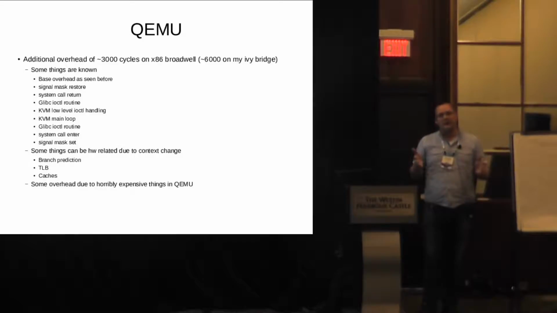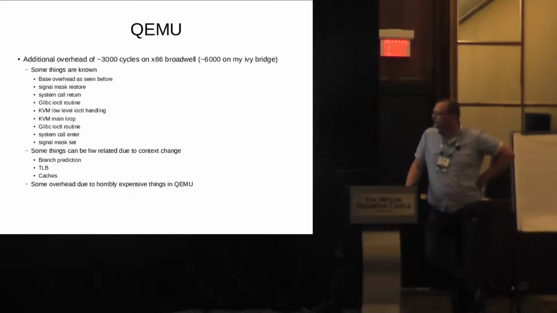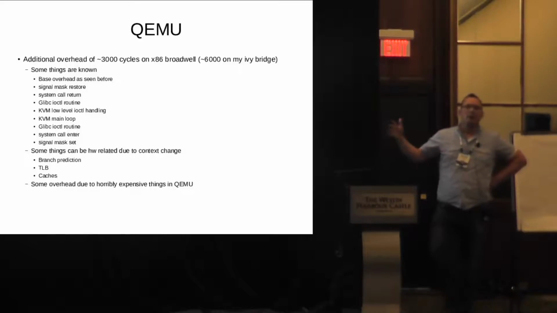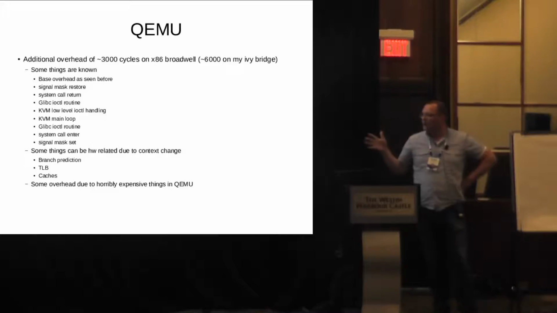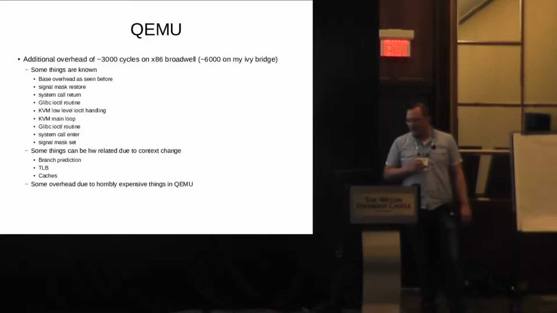Then you do the exit handling, go back to glibc, enter the system call, and be back in the guest. And of course, we have even one more context switch: guest, host kernel, guest, host user space, so branch prediction, TLB, caches. And there are some things which are horribly expensive in QEMU, which I will talk about later.